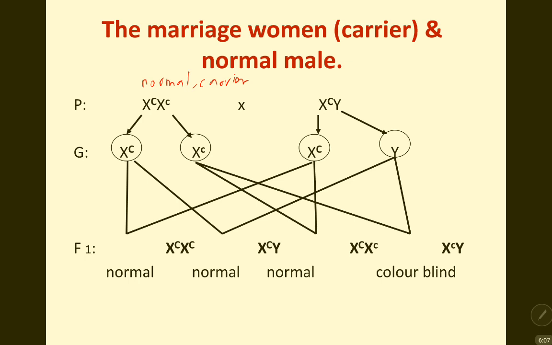She is healthy from the phenotype, but she carries one colorblind allele. And this male is a normal male. So you produce this daughter with normal vision, this son with normal vision, this daughter with normal vision, but this son is colorblind. The chance of having a colorblind son is 1/4, meaning 25%.